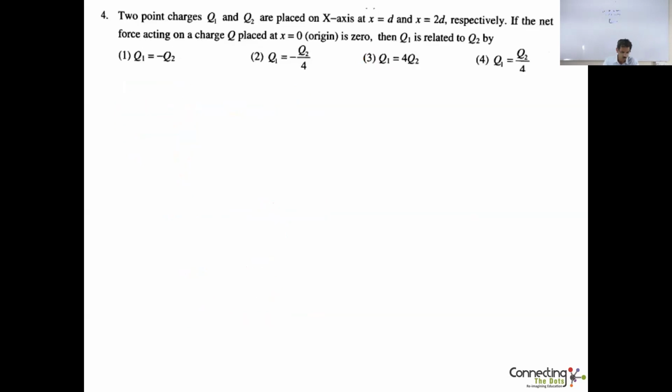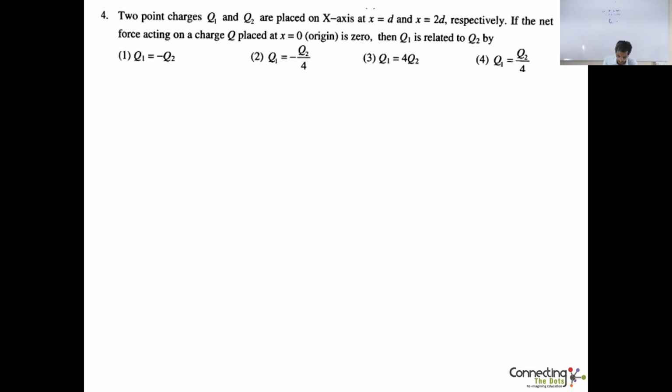Next question. 2 point charges Q1 and Q2 are placed on the x-axis. Q1 is placed at a distance x equal to d and Q2 is placed at x is equal to 2d. If the net force acting on a charge Q placed at x equal to 0, the origin, is 0, then Q1 is related to Q2 in what way?